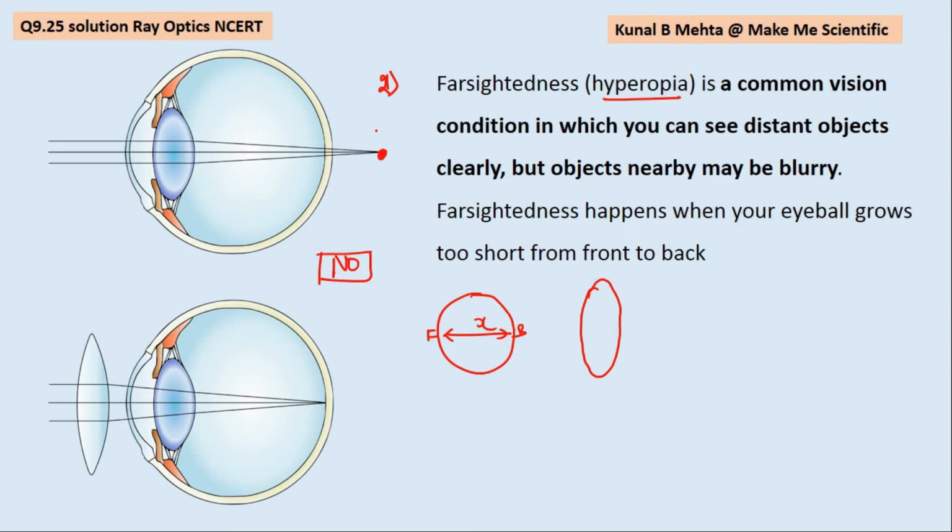You can see that this is the location where the image is formed. Ideally the image must be formed on the retina, here it is formed behind the retina. So the correction for this particular defect is a convex lens.